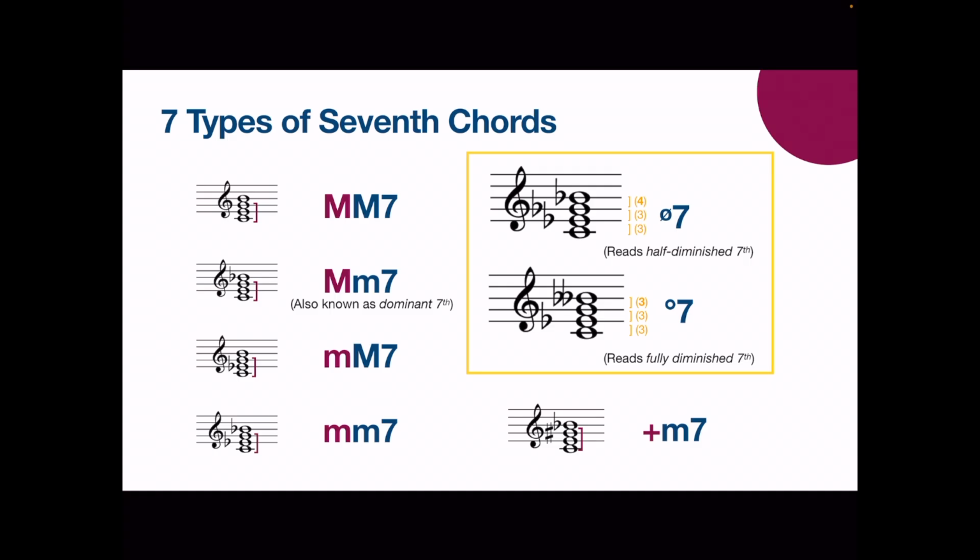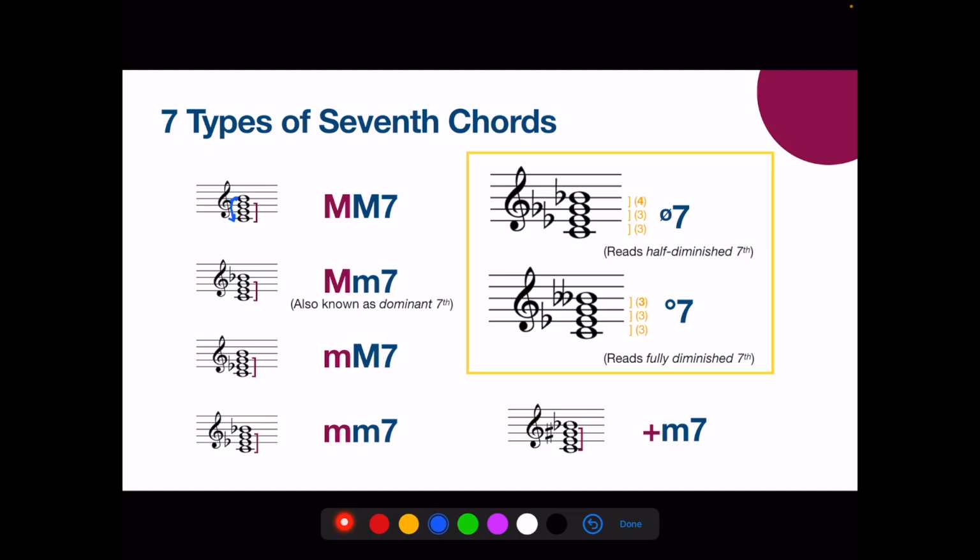So remember, the first part of the chord is going to be the bottom 3 notes, the triad, and then the distance, or the interval, between the root and the seventh note. That is going to be the latter part of our chord symbol.